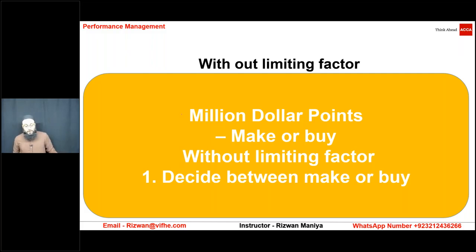Okay. So if the question is of without limiting factor, first of all, it's important to determine whether it's a limiting factor question or without limiting factor question. If it is without limiting factor question, what you have to keep in your mind is to decide between make or buy. Now this word 'or' is very important here. That is, either you can make in-house or you can buy from outside.